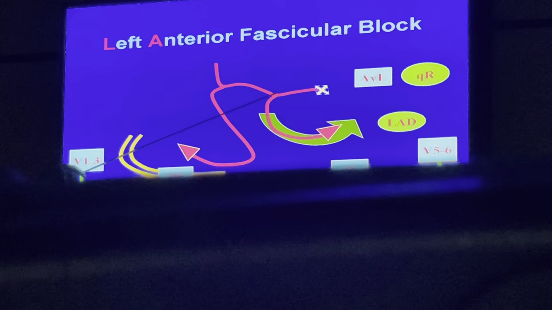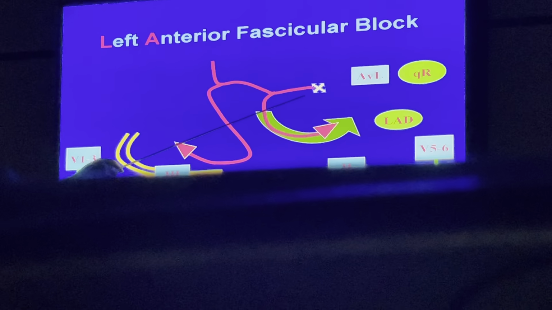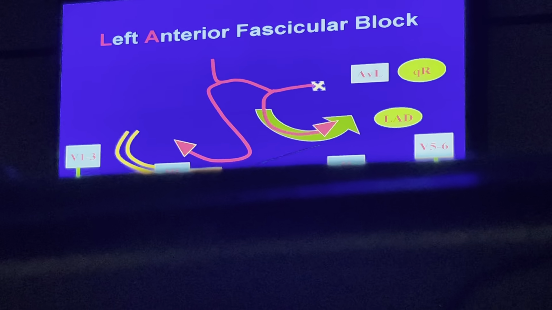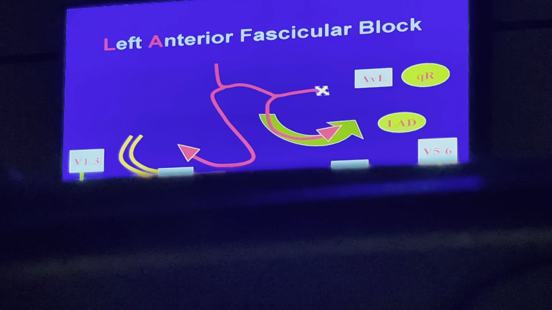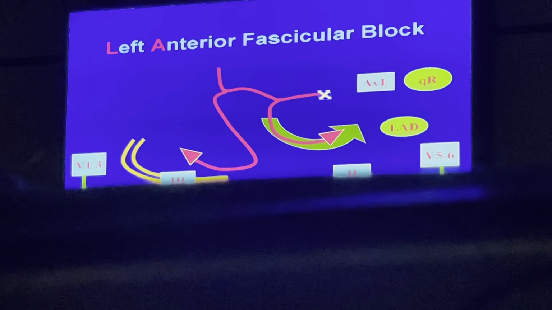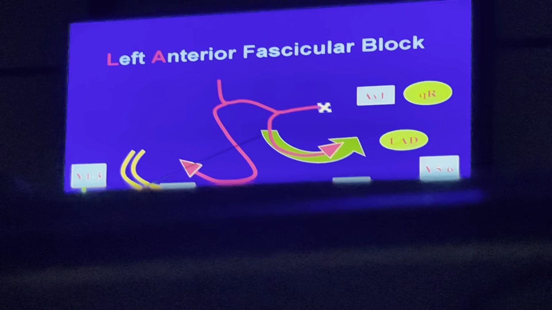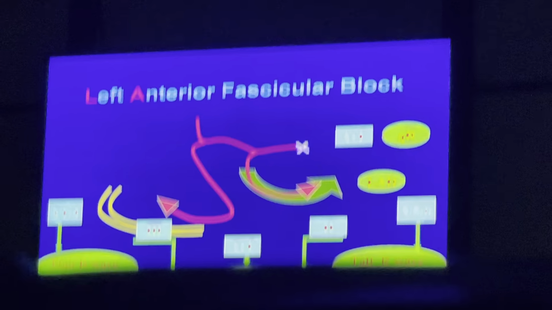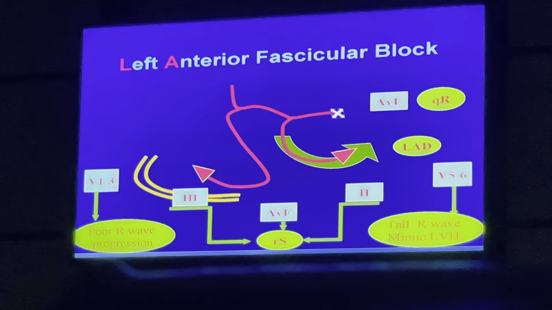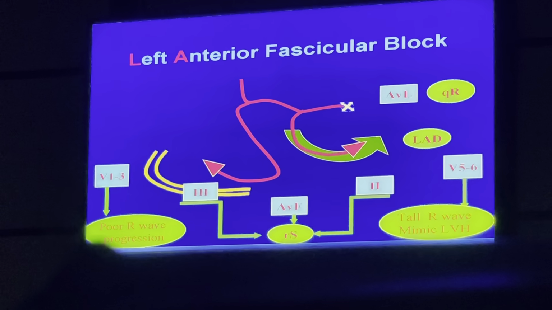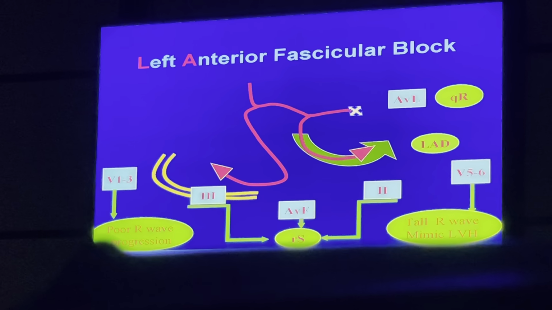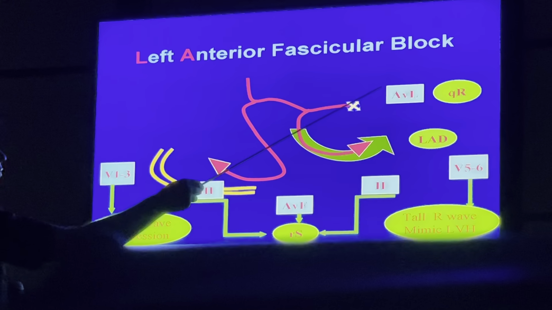So this is the anterior fascicle, this is the posterior fascicle. What happens when this anterior fascicle is blocked? Where is the delayed impulse? Which part of the LV excites in the end? The anterior part.